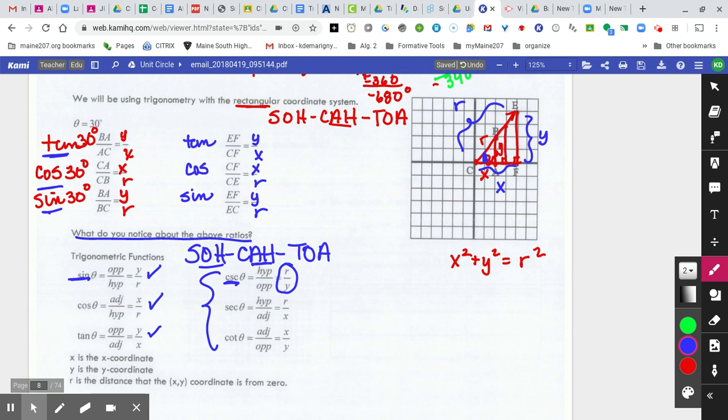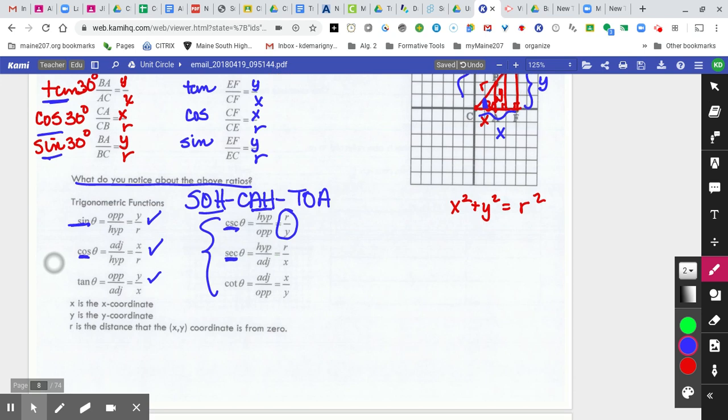The secant is the inverse of cosine, which means you take the reciprocal of the ratio, r over x, or hypotenuse over adjacent. And the last one is tan, whose reciprocal is cotangent, which means you take the reciprocal, x over y, or adjacent over opposite.